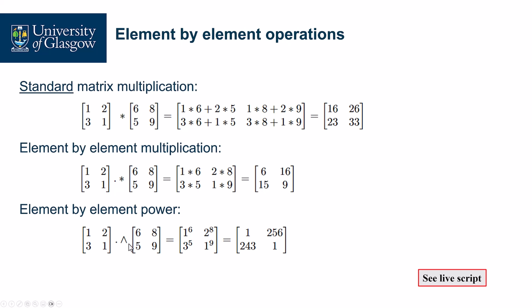Again, for element-to-element power, we can do the same thing, right? The first matrix becomes the power of the second one, element-wise. So 6 becomes the power of 1, 8 becomes the power of 2. So we can see this is the result, right? Often we use this one much more than this one in this specialization.